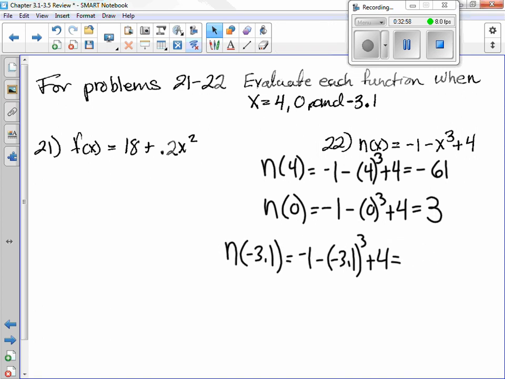And I think for those of you who did 0, I would double check and make sure that's the answer you got. And then we can go on and do the last one here, negative 3.1.